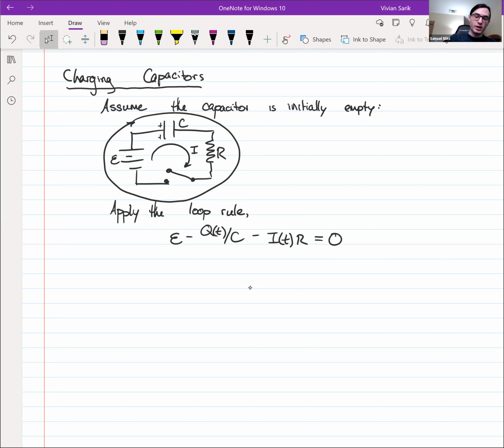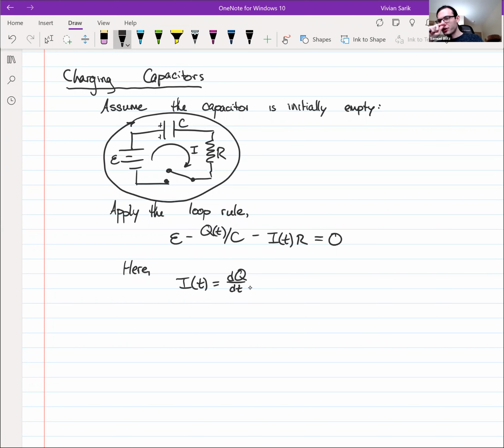Because if you have, say, 1 positive charge per second that flows through the circuit, that means that you're accumulating 1 positive charge per second on the positive plate. So in this case, the current is equal to the derivative of the charge, not equal to the negative derivative, because the charge is increasing and the current is causing that charge to increase.